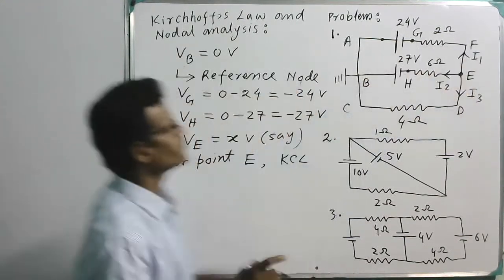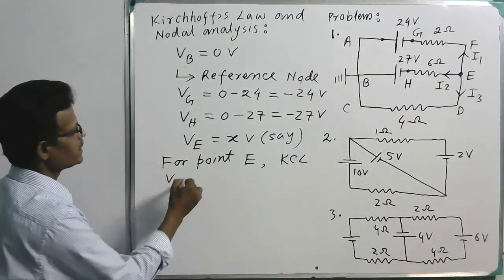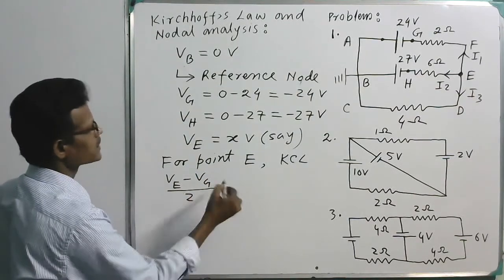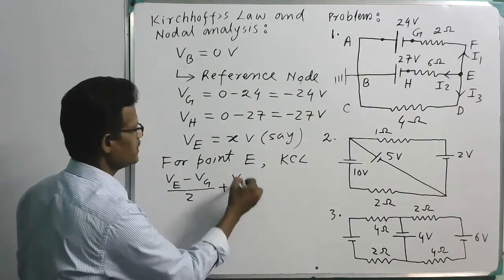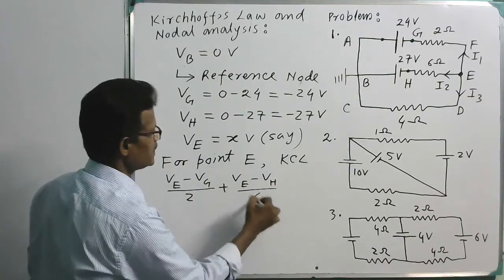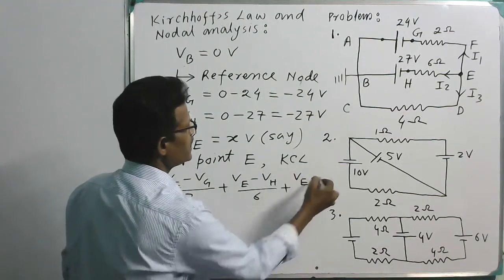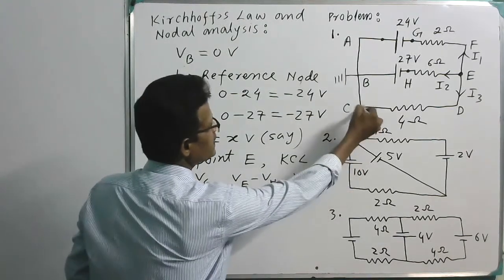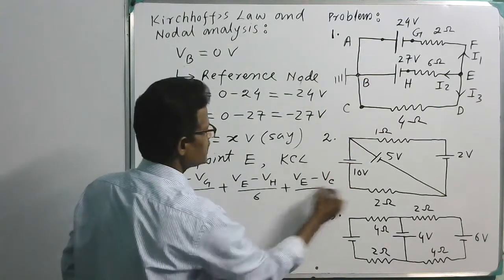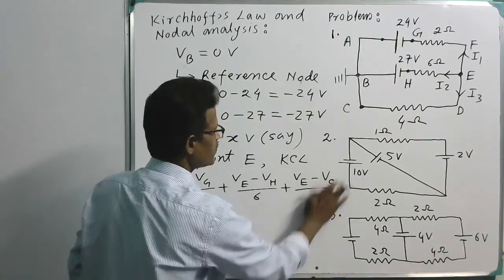So the potential difference divided by resistance: (VE minus VG) divided by 2, plus I2: (VE minus VH) by 6, plus (VE minus VC) by 4 ohm, this is equal to 0.